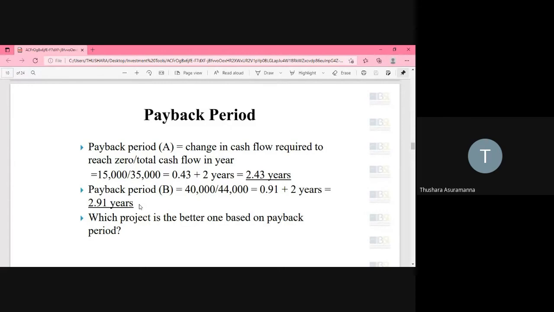So for the payback, the decision, which we will also learn later, is that the shorter the payback, the more preferable, because as we mentioned earlier, a longer period may bring different risks. Hence with a shorter payback we will take our decision based on that answer. So the answer is project A when comparing A and B. Hope everybody is fine with that.